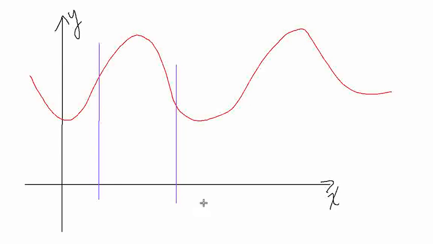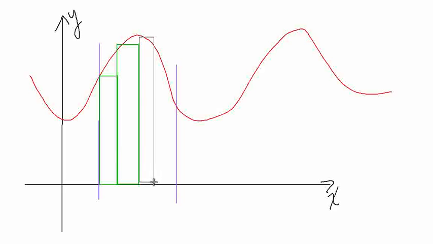Okay, now if we were content with an approximation to the area, we could approximate the area underneath the red graph between the purple vertical lines as follows. We could find rectangles that fit pretty nicely, right, on the parabola.